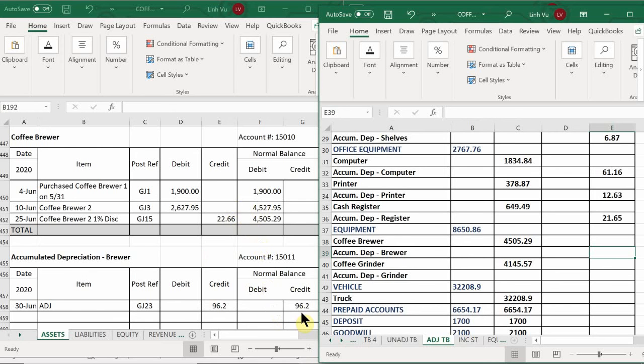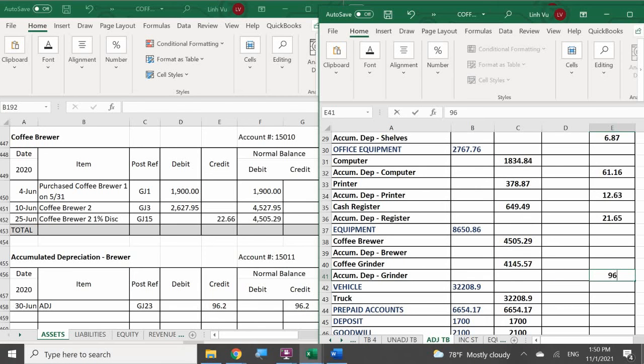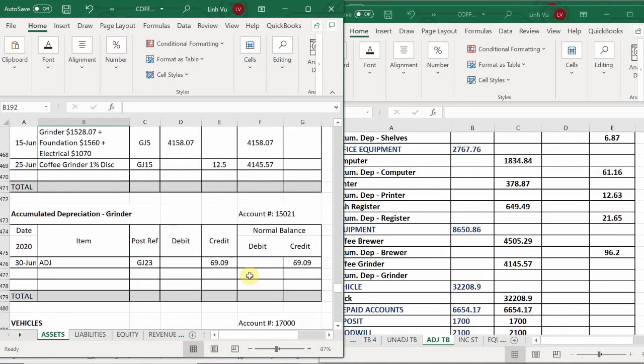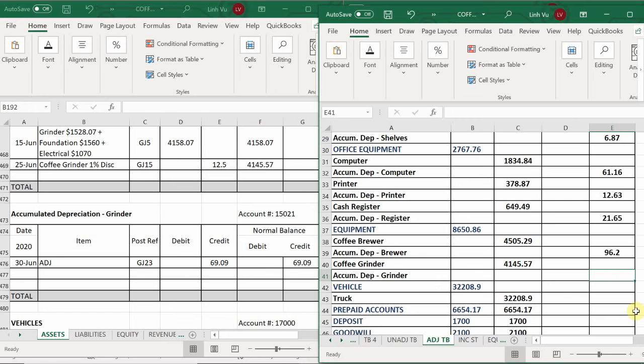However, the accumulated depreciation off of my coffee brewers is $96.20. Wait, no, wrong one, you need to go up. $96.20. While my grinder is how much? $69.09.